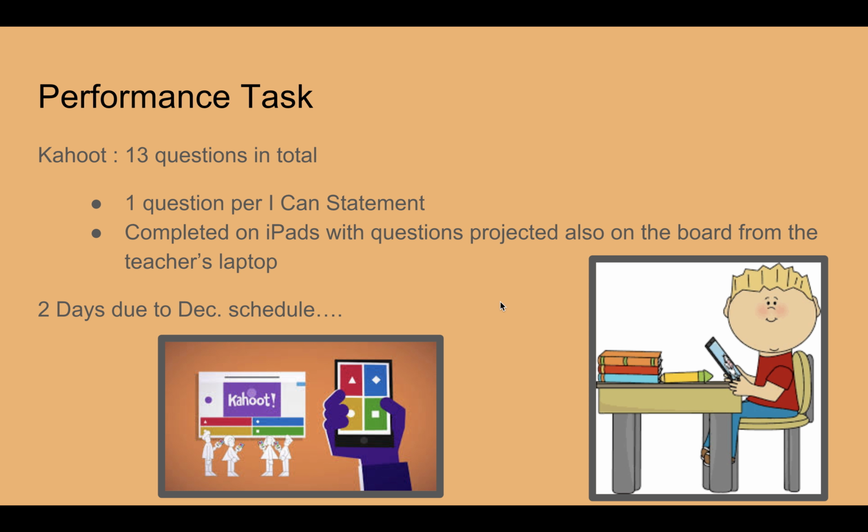I'm going to jump back to the performance task really quick. So how I addressed the performance task is each student was given a whiteboard, like a little personal one for their desk, as well as a whiteboard marker and a tissue as an eraser. Then they were also given their iPad, and the iPad has the question and the answer choices.